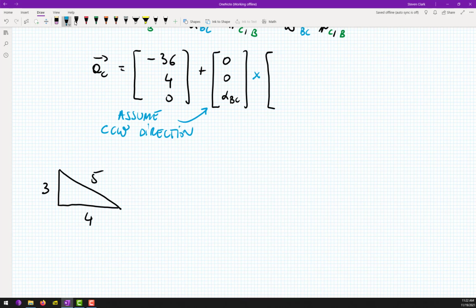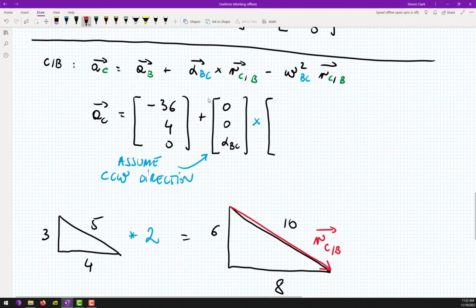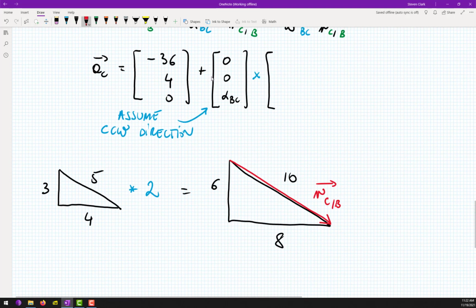This is a Pythagorean triangle. And if we multiply it by 2, we'll end up with triangle 6, 8, 10, yes? And by the way, our RCB has length 10. So you can clearly see that our RCB has to have these components.